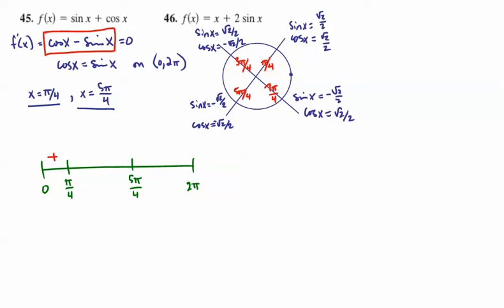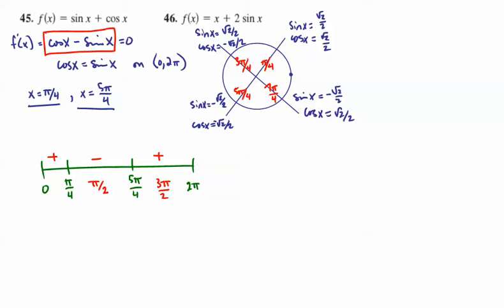In between pi over 4 and 5 pi over 4, we can use a convenient value of pi over 2. At pi over 2, cosine is 0 and sine is positive 1. So 0 minus 1 will be negative. From 5 pi over 4 to 2 pi, we also have a convenient value of 3 pi over 2 that we can use. Cosine is 0 and sine is negative 1, so 0 minus negative 1 will be positive 1.